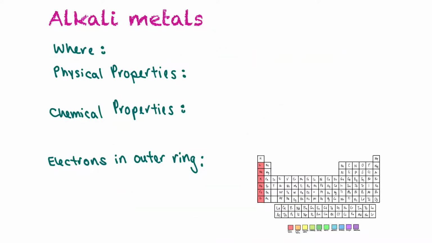So alkali metals are found in the first group. So right here in the part that I colored red, the very first group. Their physical properties are that they're shiny, soft, silvery, and malleable.